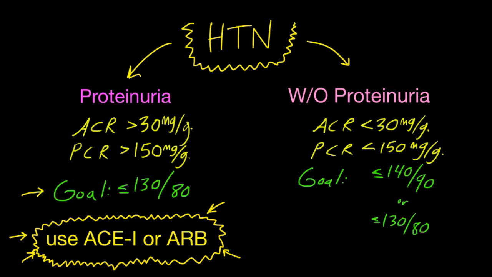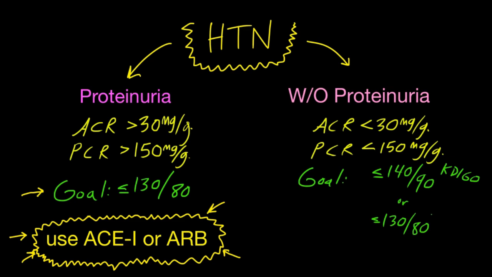So for patients with CKD hypertension but who don't have proteinuria, so I define that here. So here are some goal blood pressures, and one thing with blood pressure goals and targets and definitions is that it's a rapidly changing field. Definitions change all the time, and as of right now, the last KDIGO guidelines said that for a patient without proteinuria, the goal blood pressure should be systolic less than 140 and diastolic less than or equal to 90.